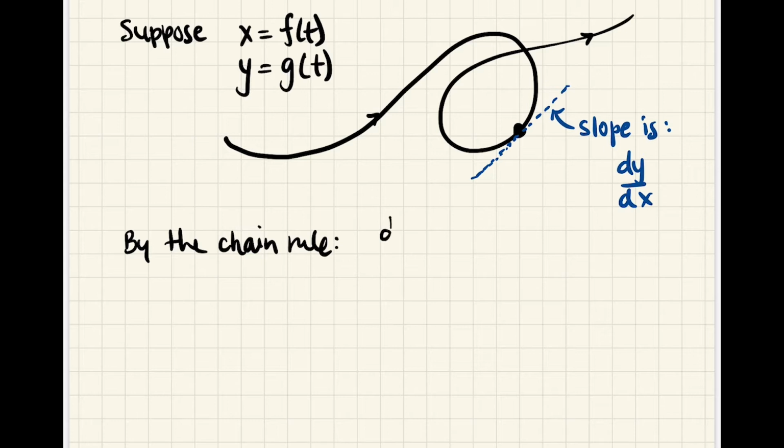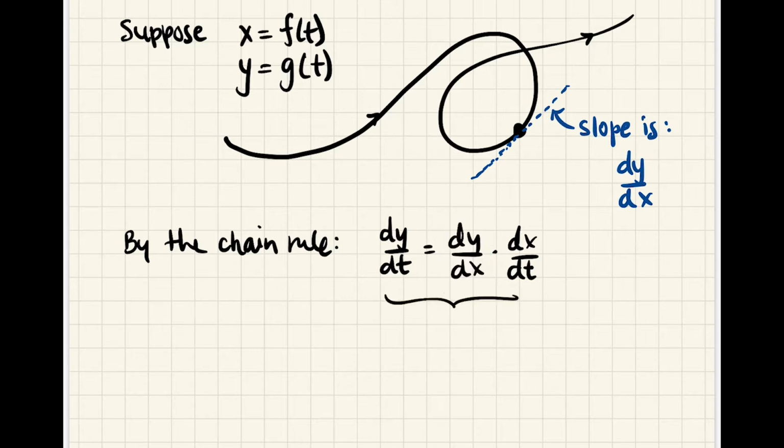By the chain rule, dy dt would simply be dy dx multiplied by dx dt. Okay, so solving for dy dx would give us dy dt divided by dx dt. And there it is.